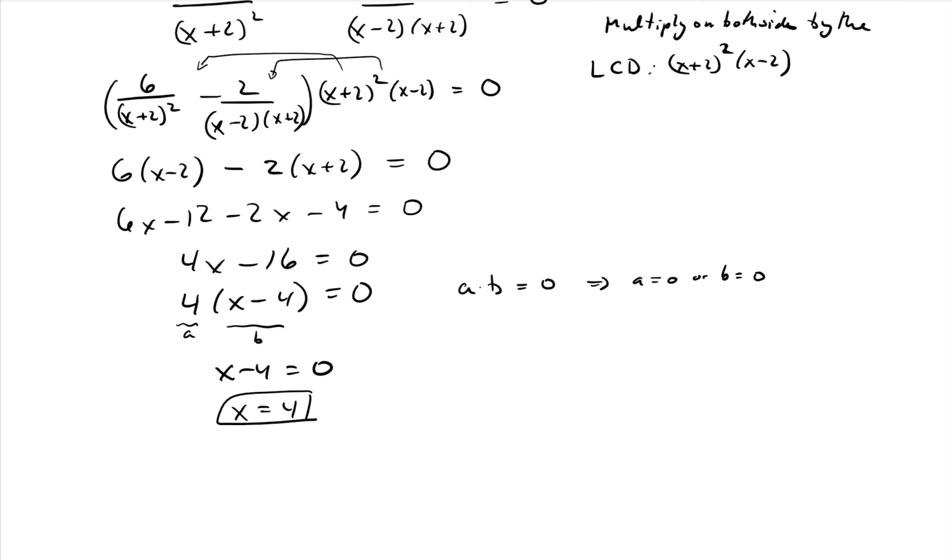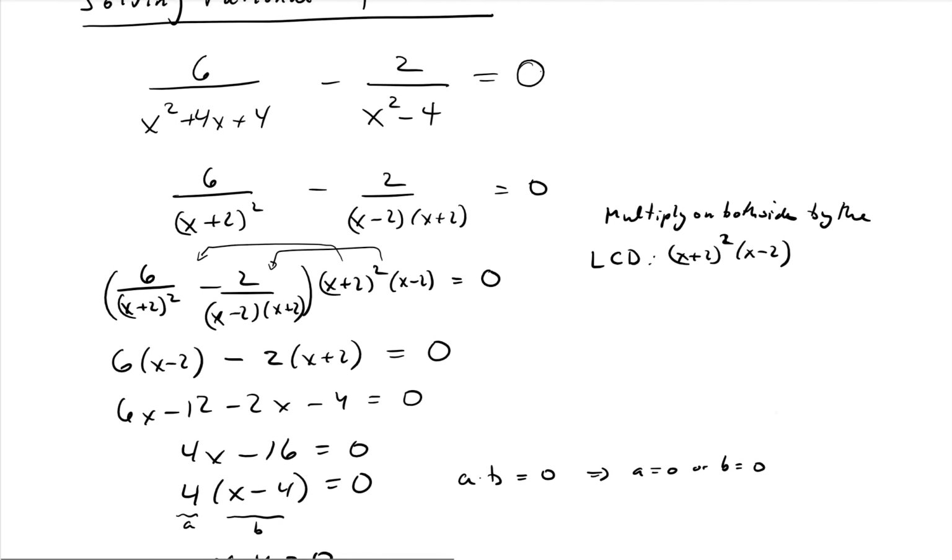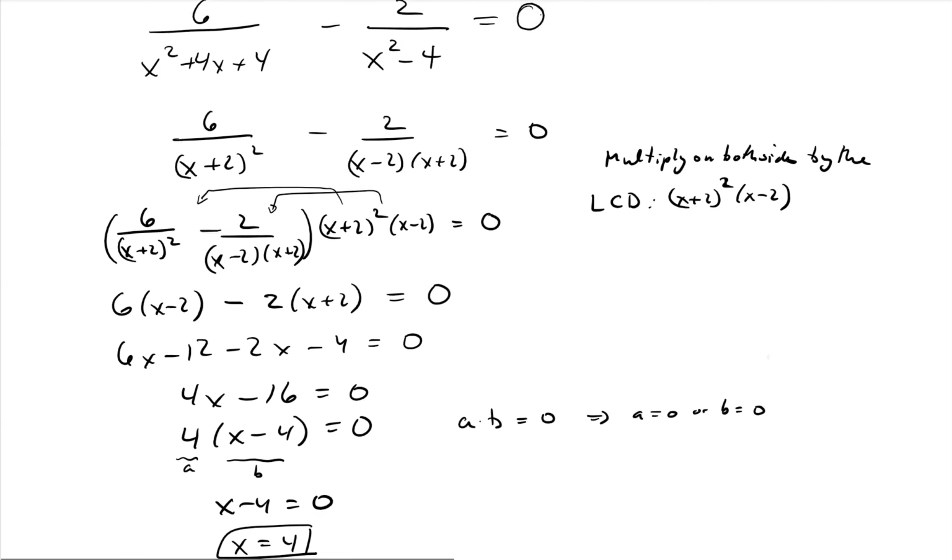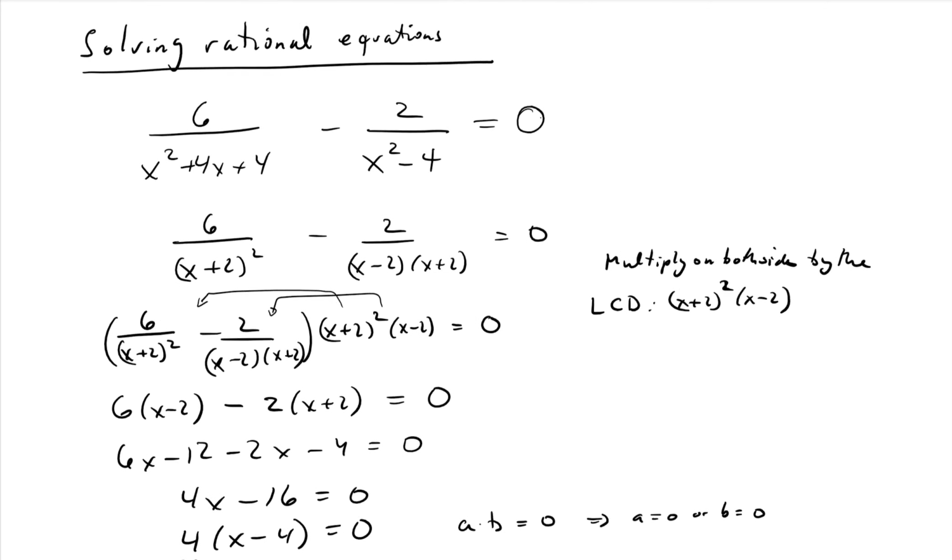Now be careful. We need to figure out if 4 is a solution by replacing it into the initial equation, because it could happen that 4 makes one of the fractions divide by 0, and you can't divide by 0. What I meant here is, if you replace x by 4, one of the fractions could be divided by 0.